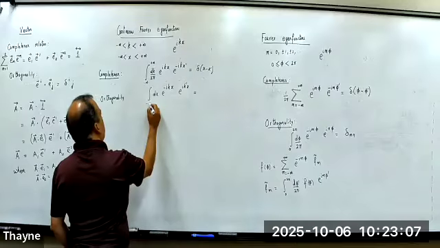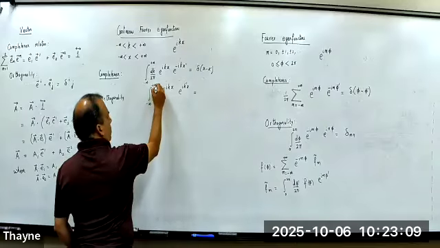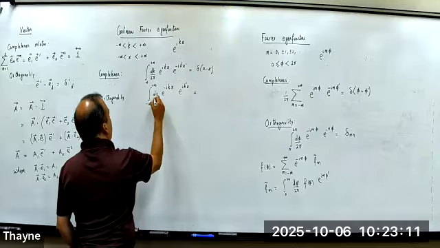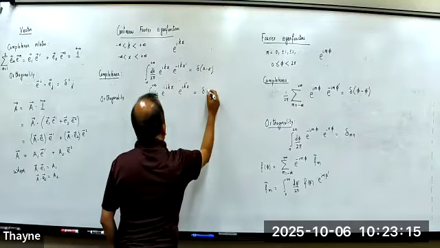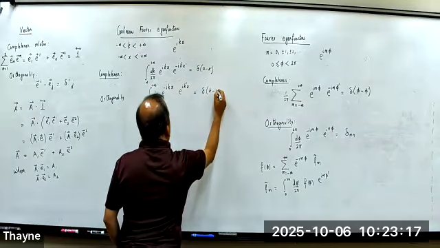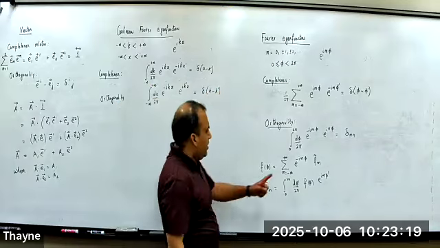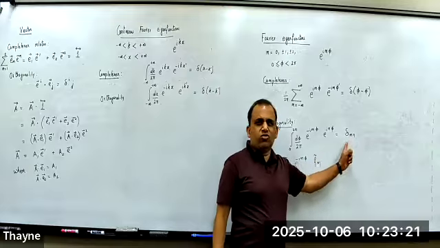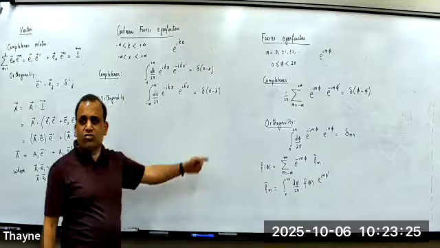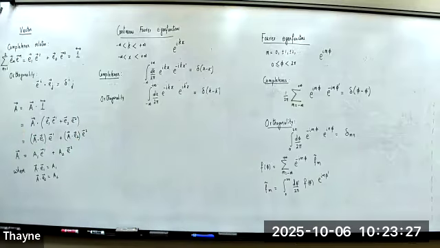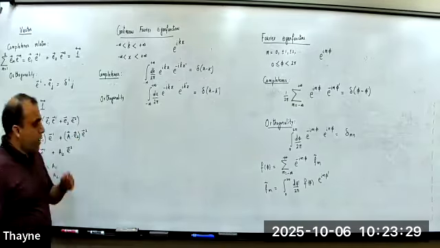And that will be equal to again 2 pi, delta of k minus k prime. Here it was delta mn, this was discrete. Kronecker delta becomes delta functions wherever things are continuous.